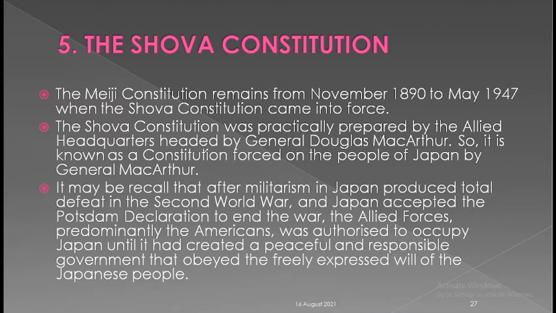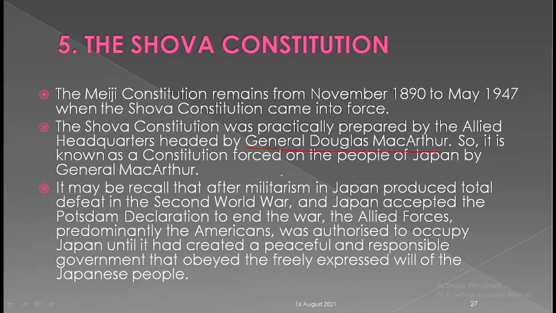In theory, it was prepared by the government of Japan, but in reality, it was actually prepared by the Allied headquarters headed by General Douglas MacArthur. So it is also known as a constitution forced upon the people of Japan by General MacArthur.